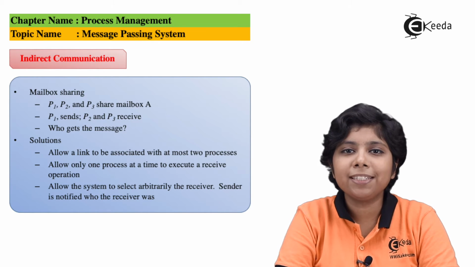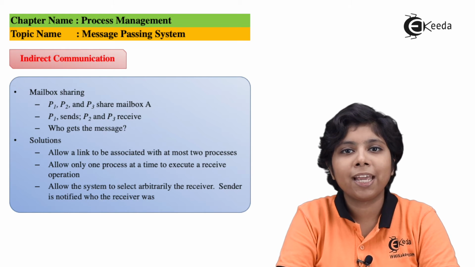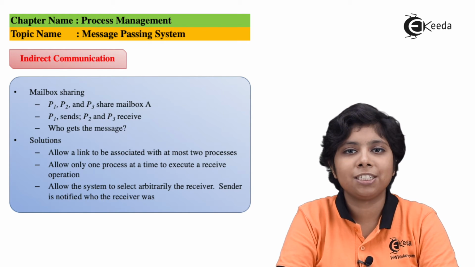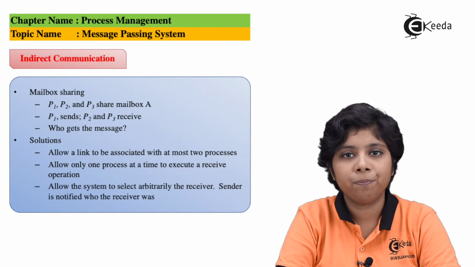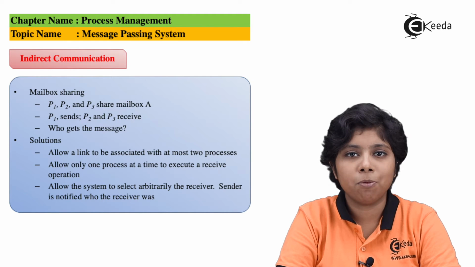When the operating system is creating a mailbox, a process as the owner of the mailbox can initially receive only the messages. But the privileges and ownership can then be passed to any other process by an appropriate system call. By using this technique, many receivers can exist for a single mailbox.